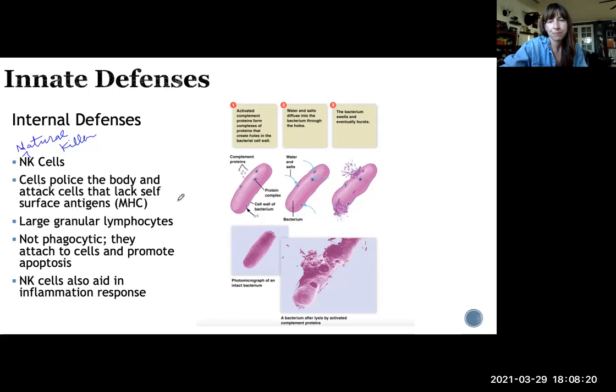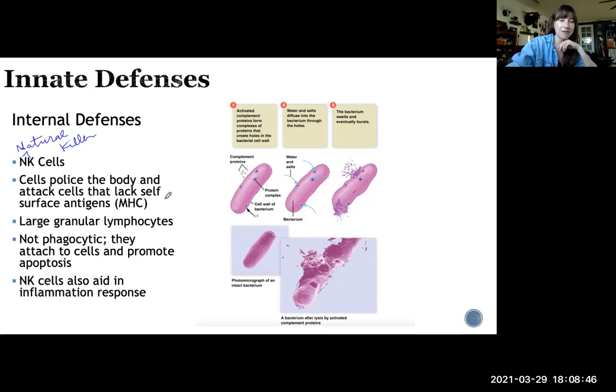So basically, every cell in your body has proteins on its surface. Remember, we talked about this in part A too. These surface proteins that are embedded in the plasma membrane are basically identifiers. They're basically telling the immune system, hey, I'm supposed to be here. It's their pass, right? It's their multi-pass. You have to have this before you can go, or else you get eaten.